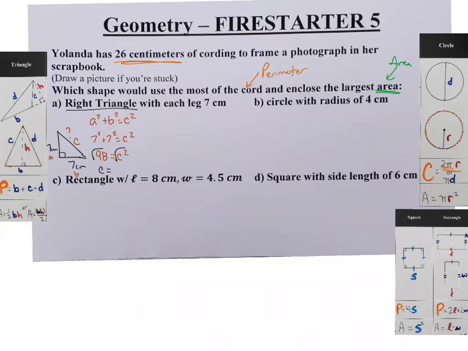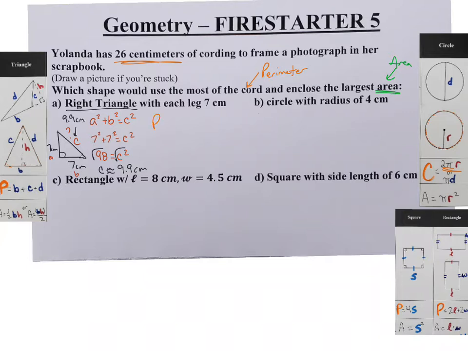For you guys, we're not going to go over simplifying radicals yet. That'll be something we do a little bit in Algebra 2. So I'm going to take the square root of 98 and end up with about 9.9. So c is about 9.9 centimeters, and that's why I use the approximate symbol.